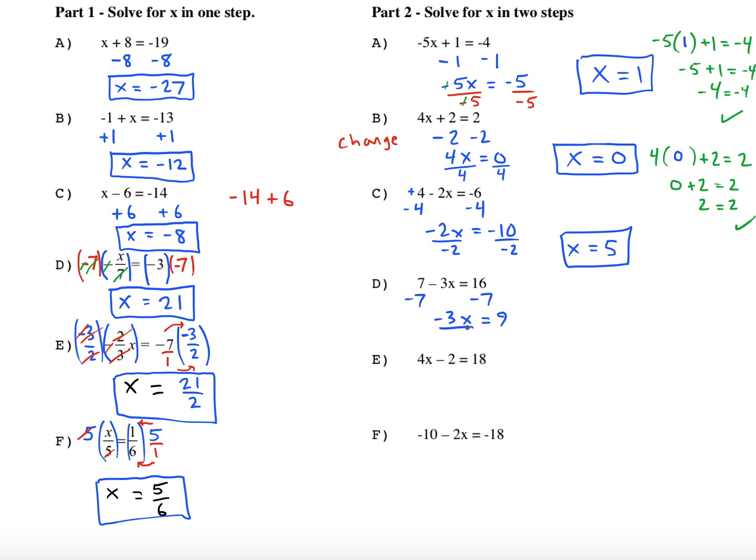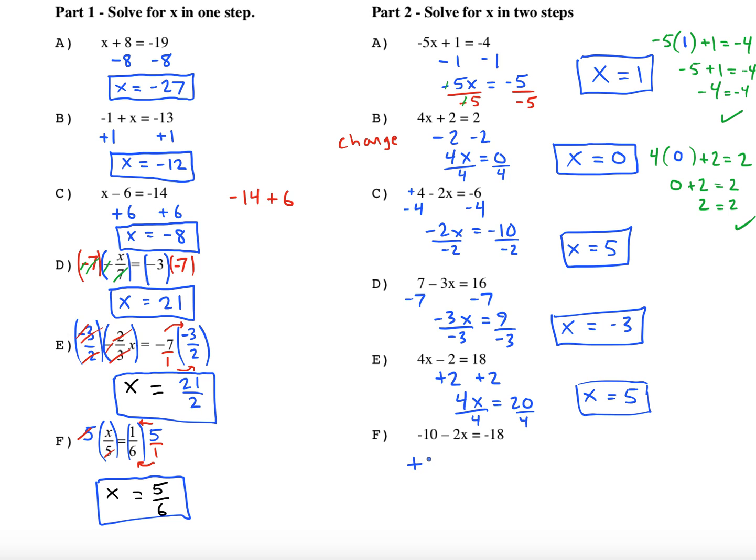Okay. Let's take the negative with the 3. Alright, and in this one we have a negative 10 all by itself there on the left.